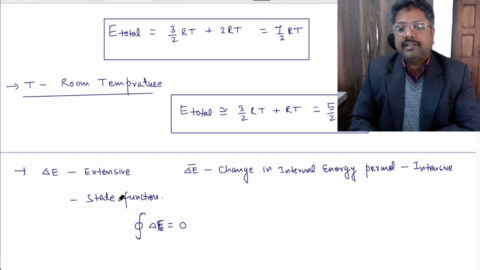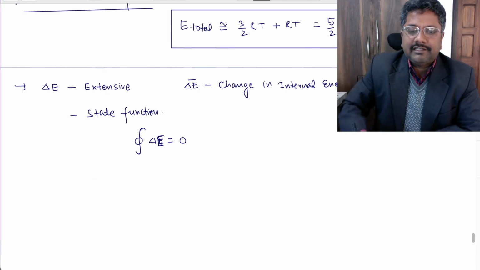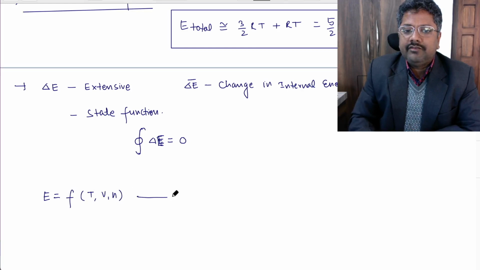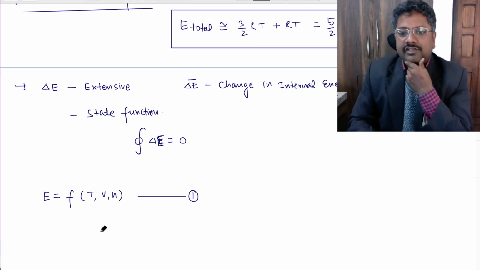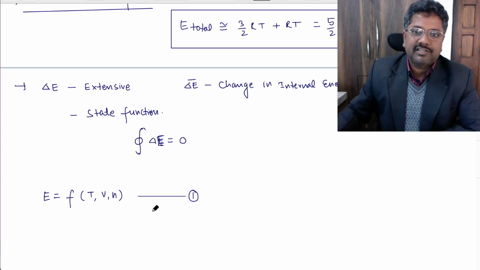So this is a state function and an extensive quantity, and it is defined as E can be written as a function of T, V and N. This is a very fundamental equation which gives the complete variation in internal energy with the variables. If it is not a state function, then you cannot write this mathematical expression.